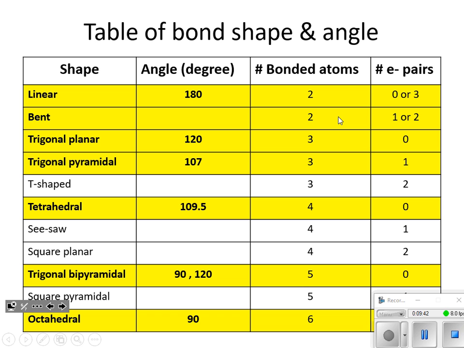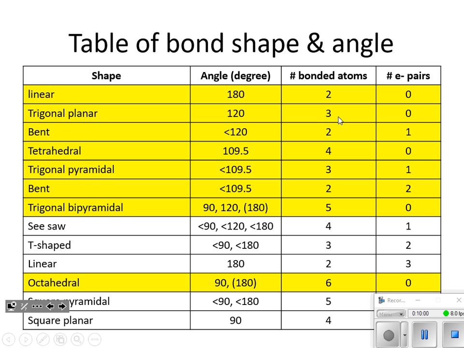Notice I left the bent angle blank because there's variation depending upon how many unbonded pairs of electrons there are. By the way, there is a linear form that has 3 unbonded pairs of electrons, a xenon difluoride. You might have saw that in the POGO packet. And then my last slide, again, was just trying to fill in that table a little bit, but you already have that table with you, so you should be okay there.